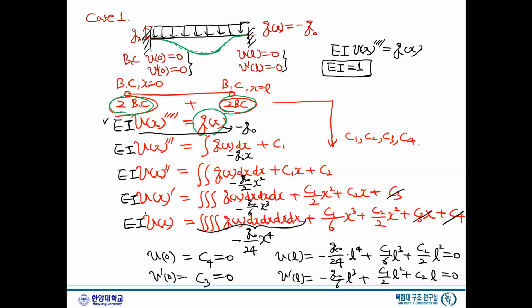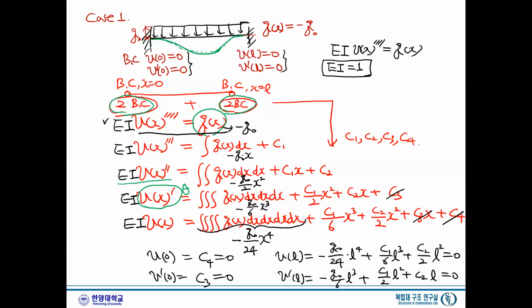Another very important point is that please keep in mind this term, okay, this term is what? V prime is the angle theta, and also very important, mathematically there is a second derivative of V(x), but what is this value physically?